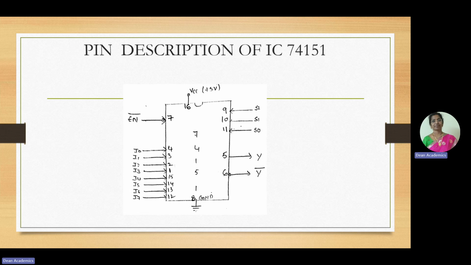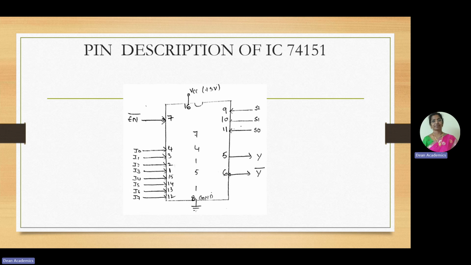So this is the 8th pin, which is a ground pin, and the 16th pin is VCC pin. This IC is a 16-pin IC, and all the manufacturer's details will be available in the manufacturer's data sheet. Now coming to these select lines, 9, 10 and 11 are the select lines S2, S1, S0.